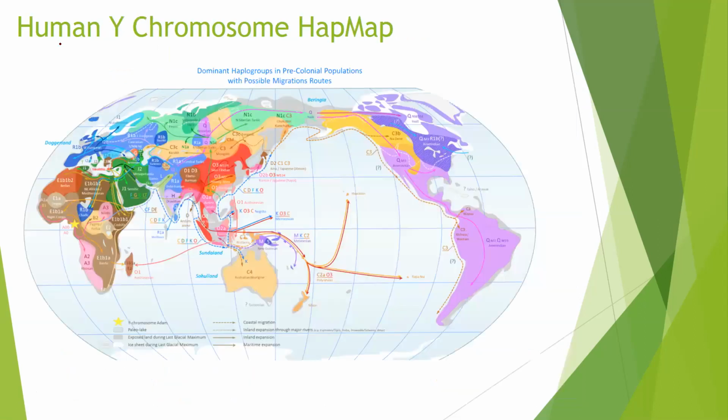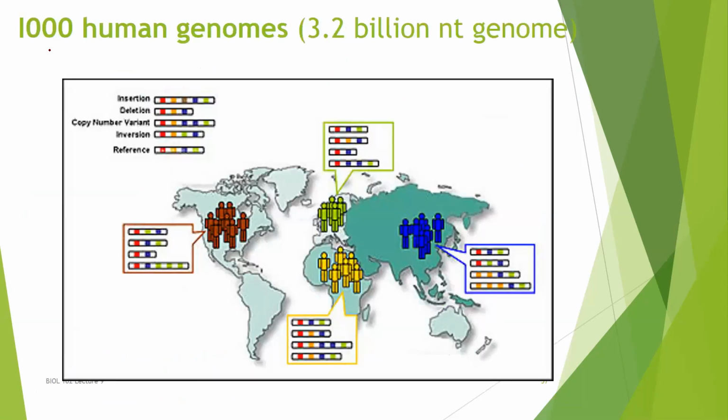All right. Also, the same for the Y chromosome haplotype. This is from the paternal line, so we can trace back to study human history. And there's a very famous project called the 1000 Genomes Project.